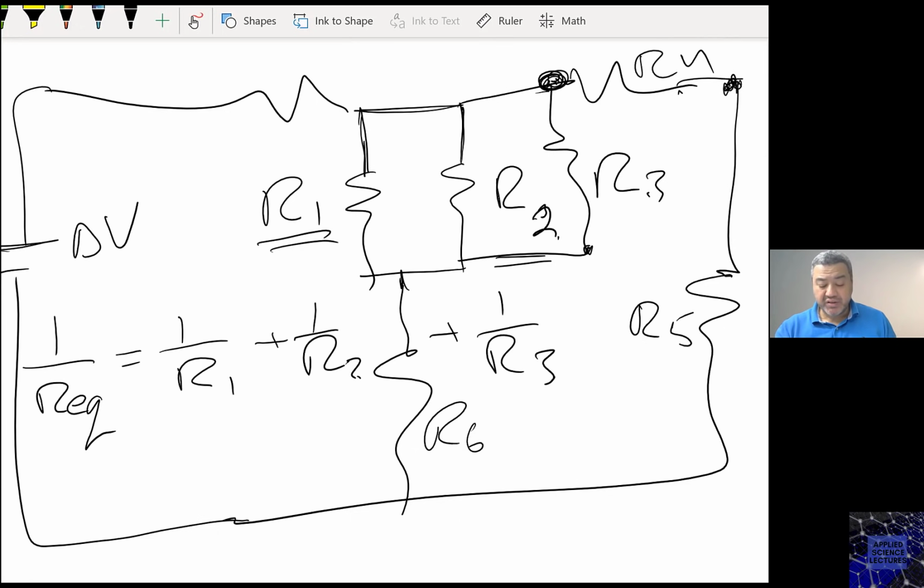Are they in series? The answer is no, they are not in series, because they have other components, as you can see, sharing this node between. So they're not the only two resistors that are connected through this node.